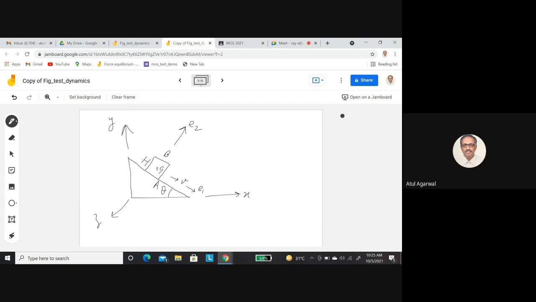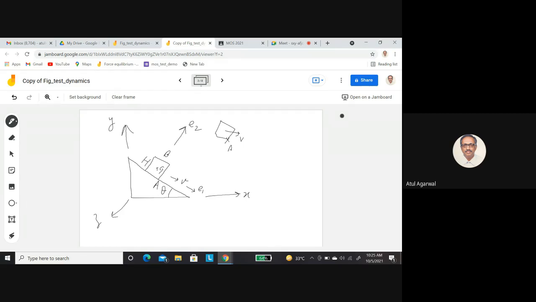I wanted you to find angular momentum about point A. Suppose point A is attached to the block. Then this entire block is translating with velocity v, so point A is also moving with velocity v. There is no relative velocity between point A and points of the block because the block is not rotating.